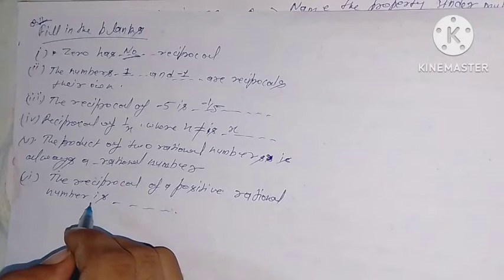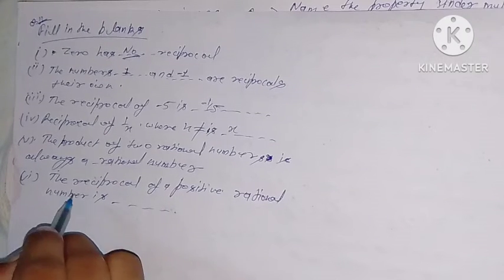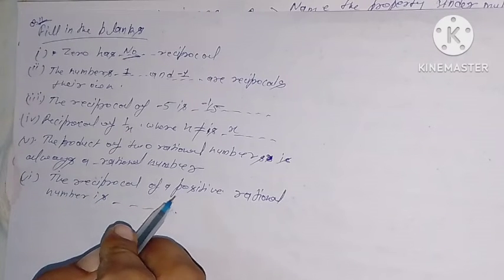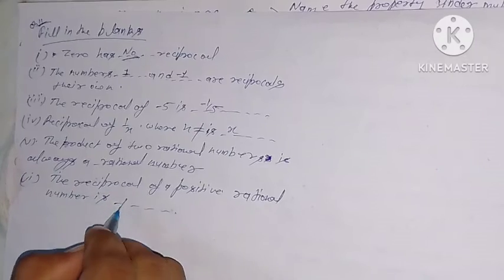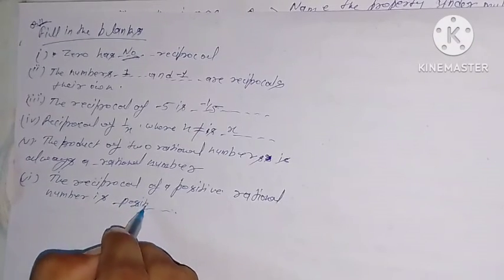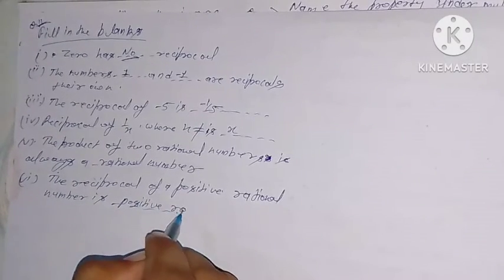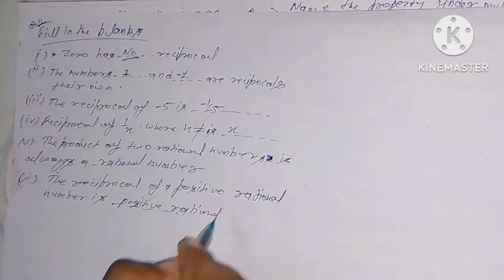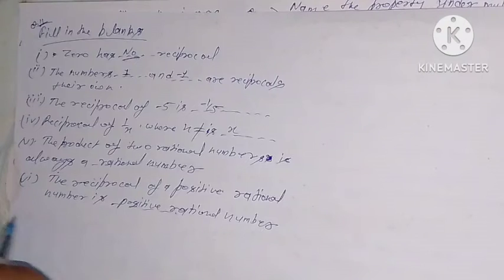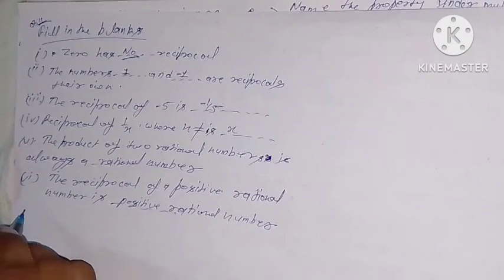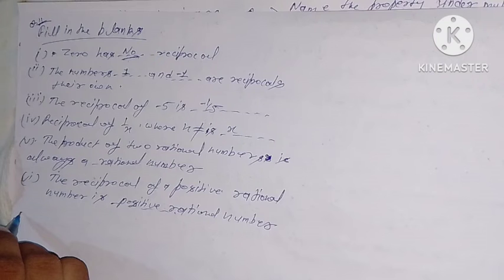Sixth: the reciprocal of a positive rational number is a positive rational number. And Exercise 1.2 we will solve next. Okay.